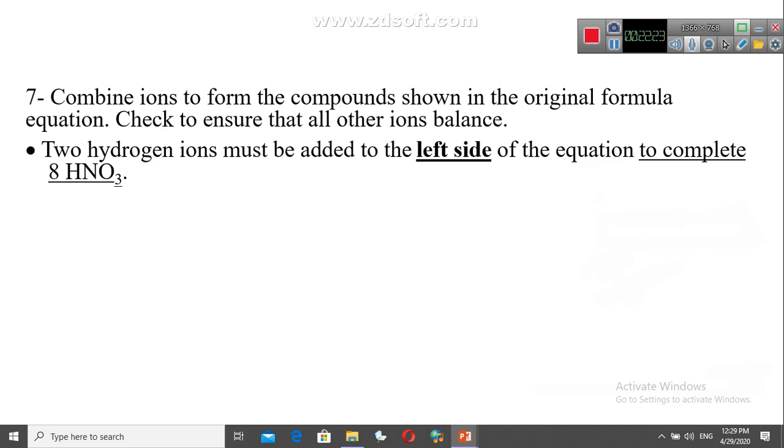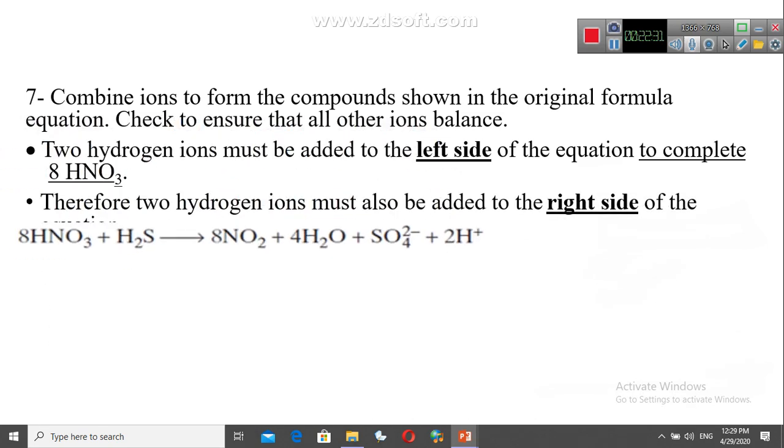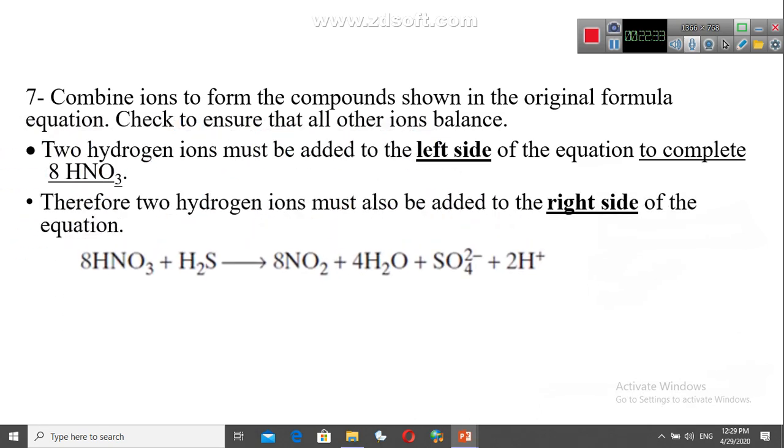You cannot add hydrogen to one side and not add the same number of hydrogen ions to the other side.